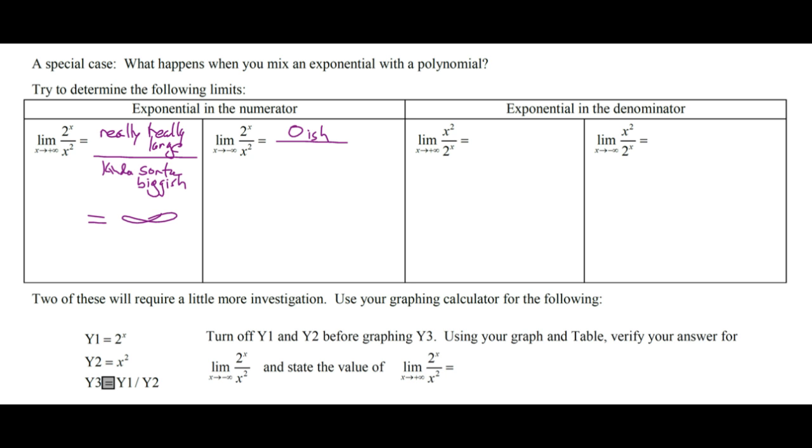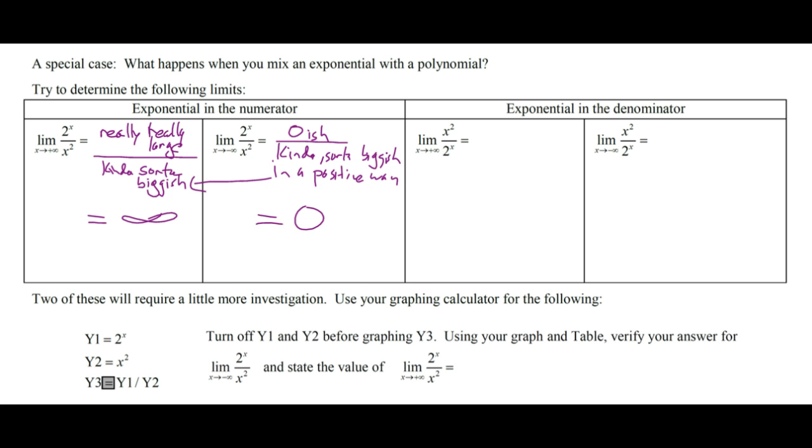Kind of sort of big-ish, but in a positive way. So what's 0 divided by kind of sort of big-ish in a positive way? 0. Likely 0.